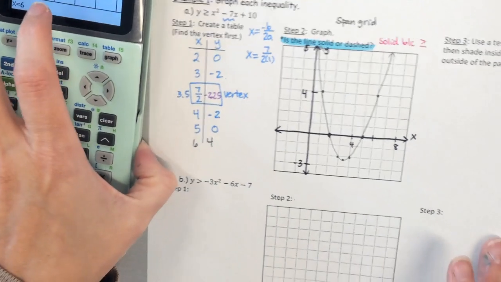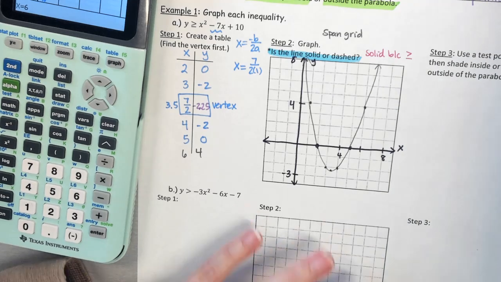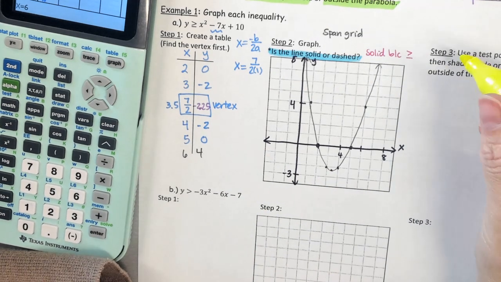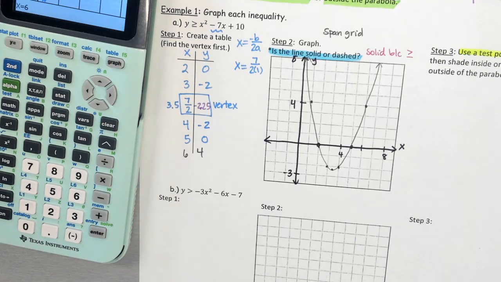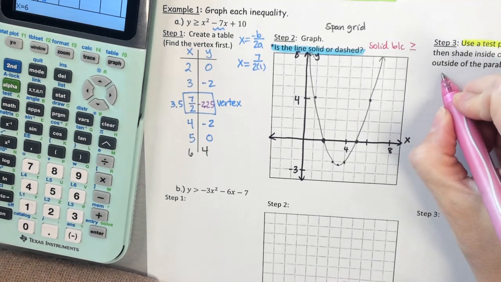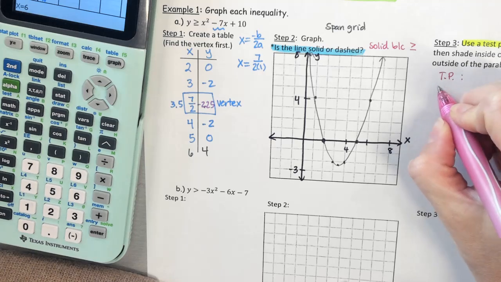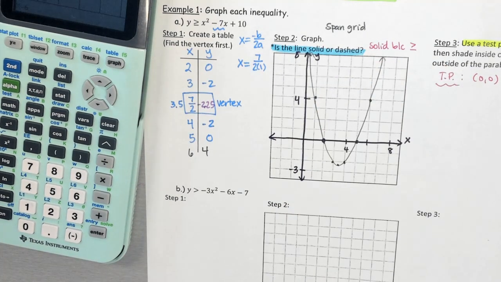Okay, and then the last step, this is going to be something that you're required to do, is use a test point. Okay, so these are your 3 steps that you're going to have to do on your homework. Okay, and then like you guys told me earlier, we often use 0, 0. You can always use 0, 0 if it is not a point on the parabola.